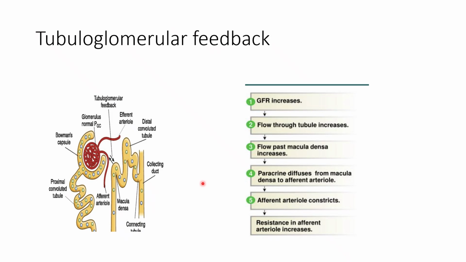Then this is the tubuloglomerular feedback. The afferent arteriole is in very close relation to the part of the nephron that contains the macula densa. This flow chart represents the feedback. In case the GFR is high, there will be increased flow through the tubule, and that will lead to increased solute delivery to the macula densa. This will lead to a paracrine effect, with certain chemicals released.